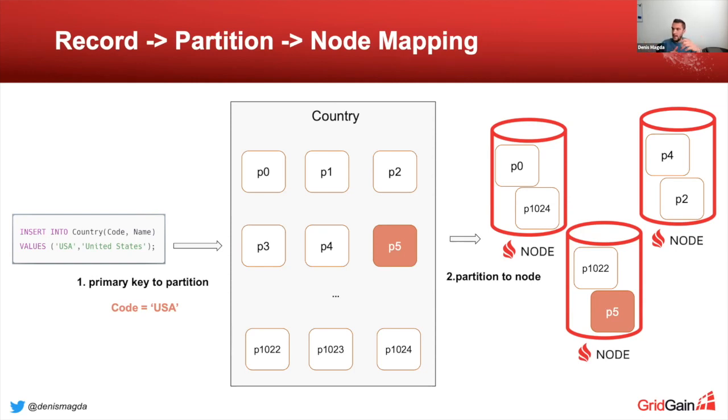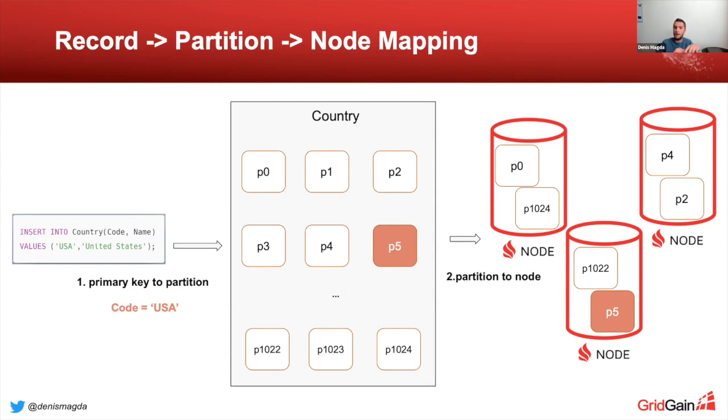And to answer one of the questions SF asked me before, let's say we have a network. All these nodes are obviously interconnected over the network. Let's say that I inserted the record of the United States in the cluster. If my application wants to read it back, it would use select star from country where code is equal to USA.